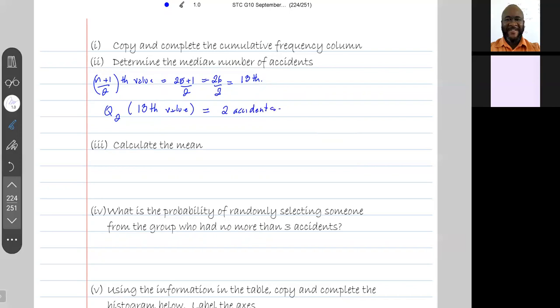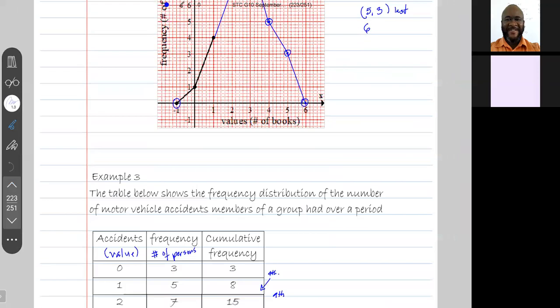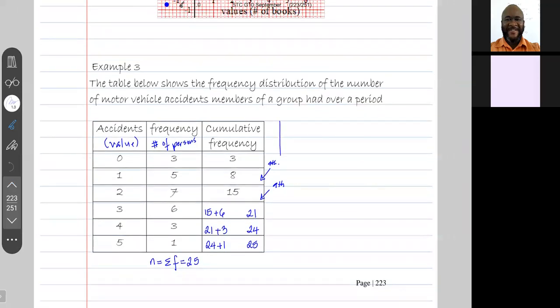To get the mean, I need to put in a column called fx. Now fx stands for frequency times value.